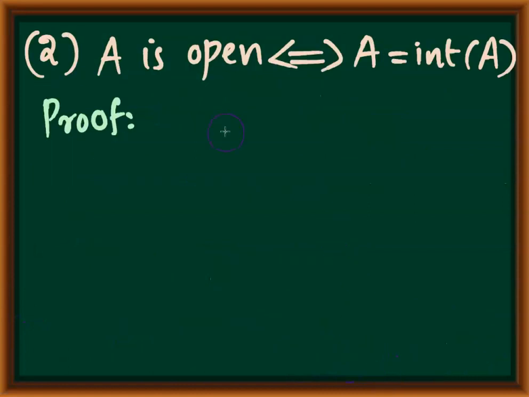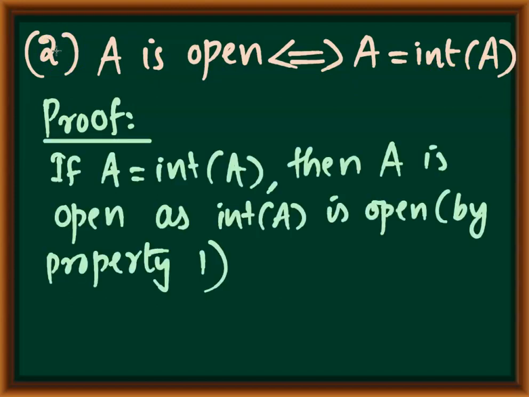Second property states that if A is open, then A is equal to interior of A, and conversely, if A is equal to interior of A, then A is open. For the proof, let us first assume that A is equal to interior of A. Then obviously A will be open, as we have already proved that interior of A is open.